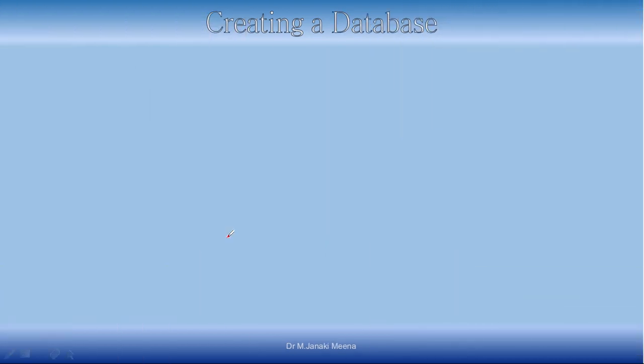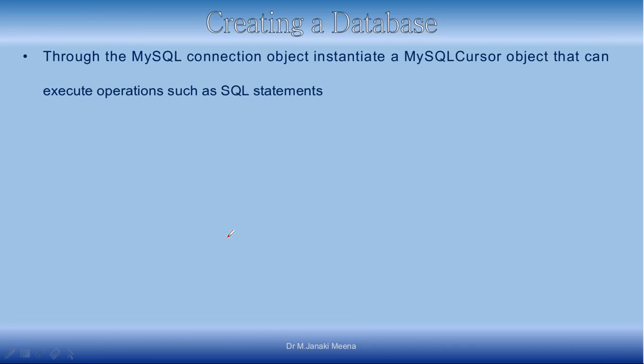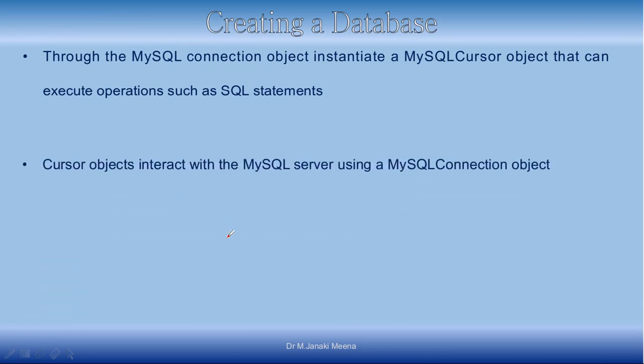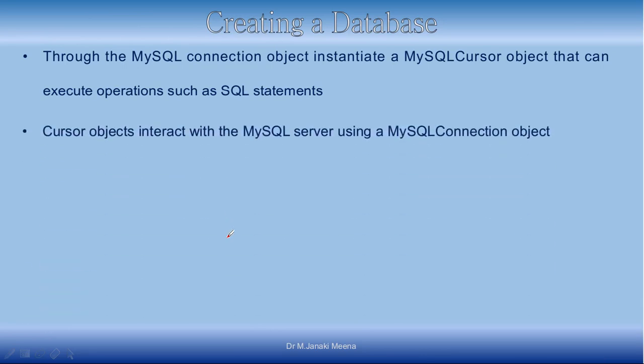First, we are going to discuss how to create a database through code. From the cursor object we can execute the commands just as we execute them on the terminal, right? When I want to create a database in the MySQL terminal, I say create database followed by the database name.